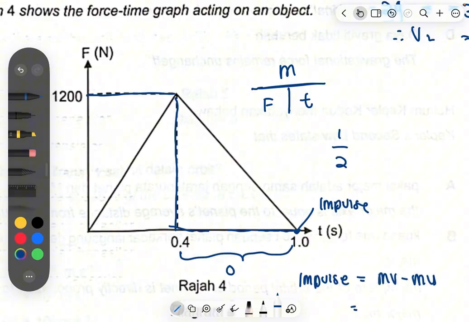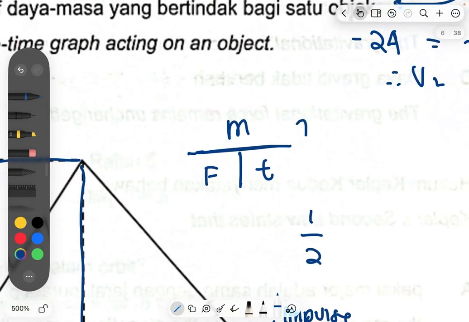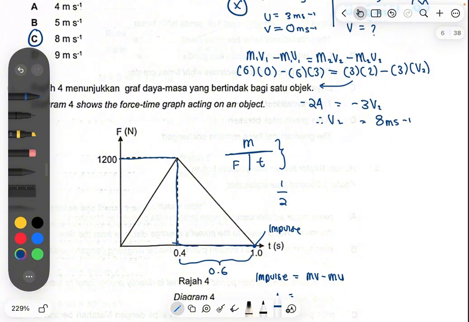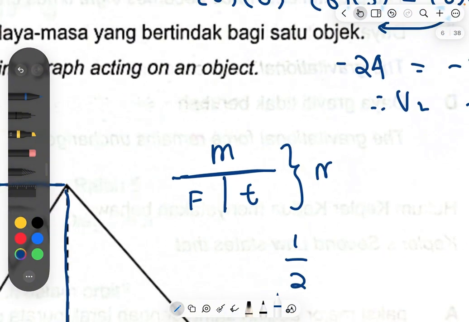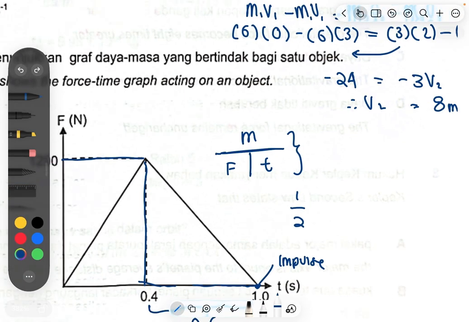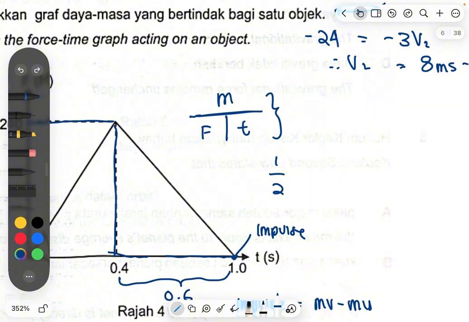So we have to find the area, because I was confused because I did the gradient itself, because it's F over T, but the relationship, because impulsive force is equal to Ns, so we have to multiply F and T. Now that makes more sense.